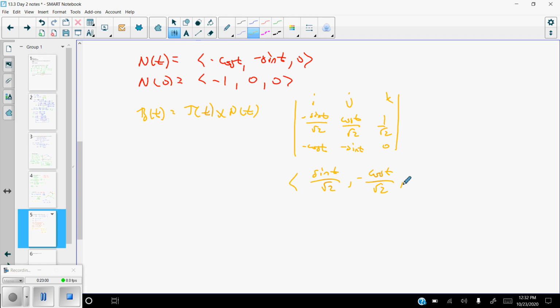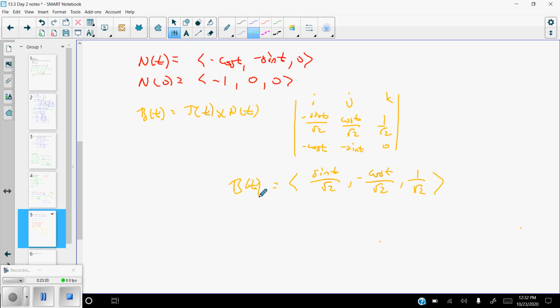And then the last one, eliminating the k row and column, is going to give us a positive sine squared minus minus, so plus cosine squared over root 2, which is going to be 1 over root 2. So that is the binormal vector.